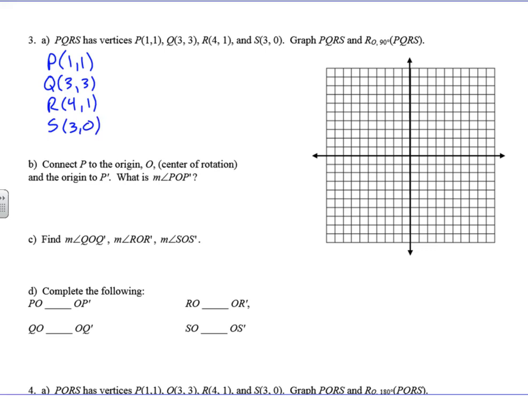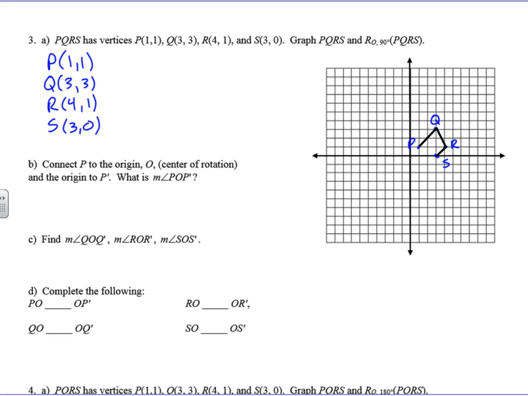I'm going to plot these over here. So P is 1, 1. Q is 3, 3. R is 4, 1, and S is 3, 0. All right, so might connect these.